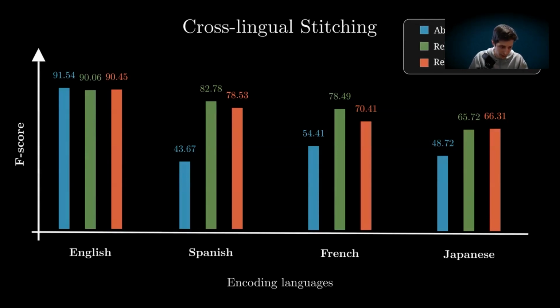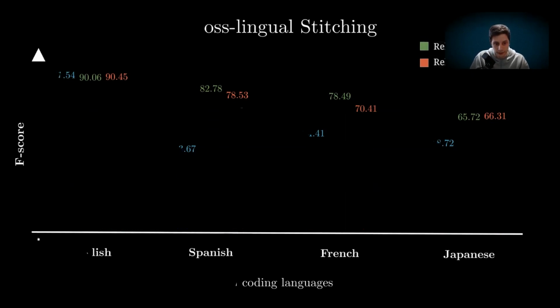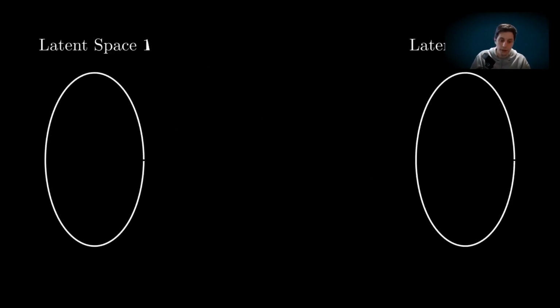So we basically train a classifier. This is able to, with quite good performance, predict the number of stars of an English review, and then predict the number of stars on, for example, French or Spanish or Japanese reviews without ever fine-tuning the classifier on that language.